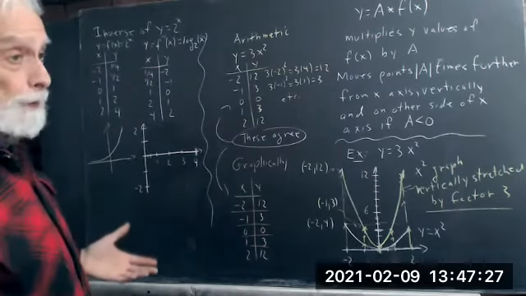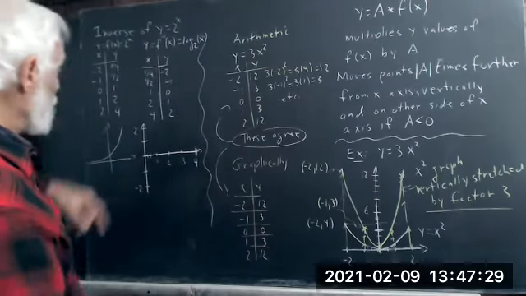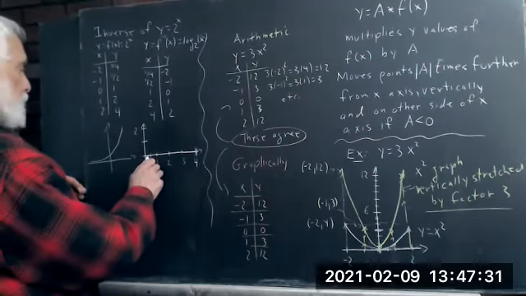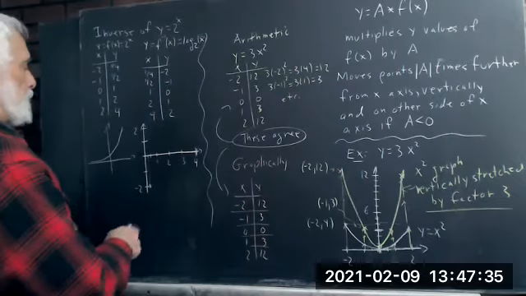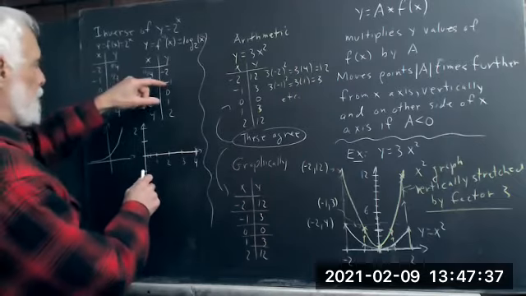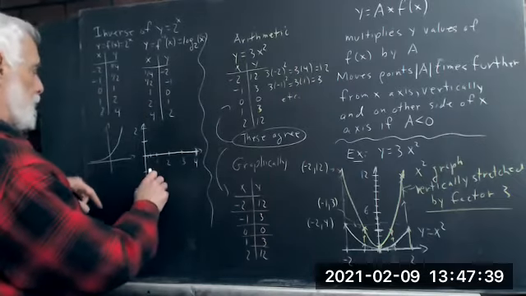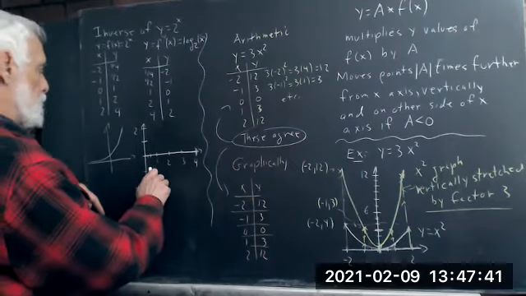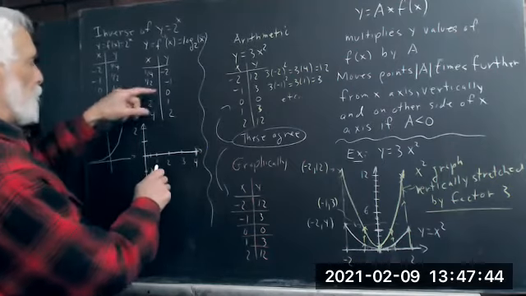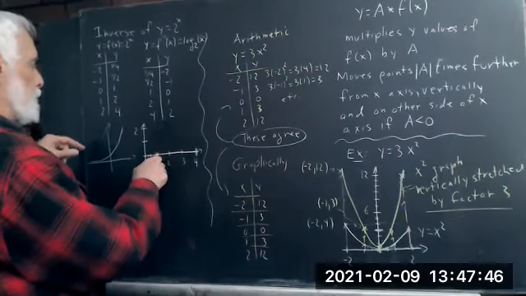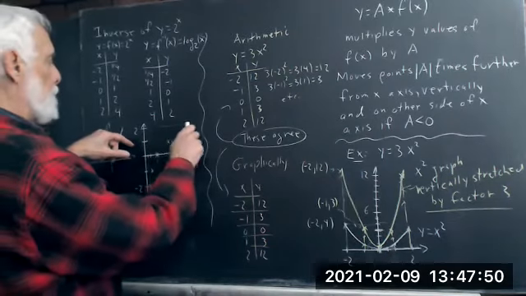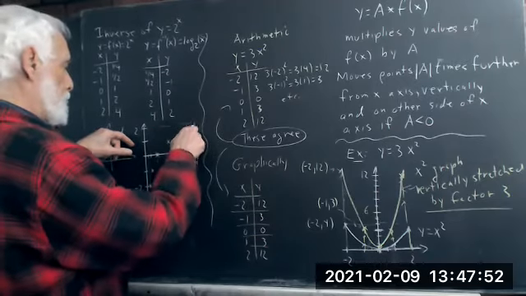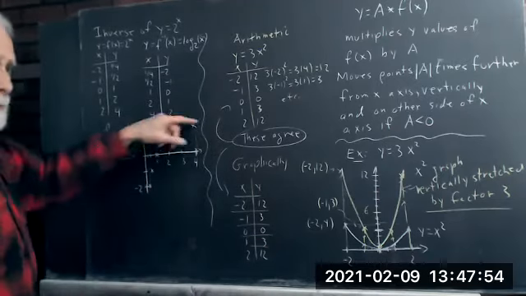Then I just plot the points. 1/4, -2. Here's 1/4. I'm down to -2 and I get a point. Here's 1/2, -1. So here's 1/2. Here's -1 on the y, so it's going to be there. And then 1, 0, that one's easy to graph. And then 2, 1, well, that's easy. And 4, 2. Going to be about here. So there are my points.